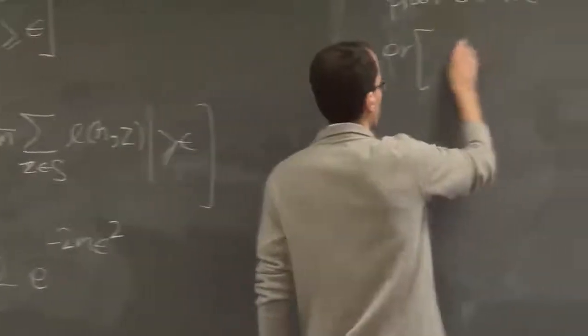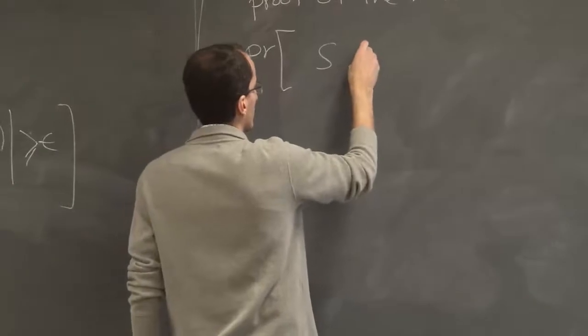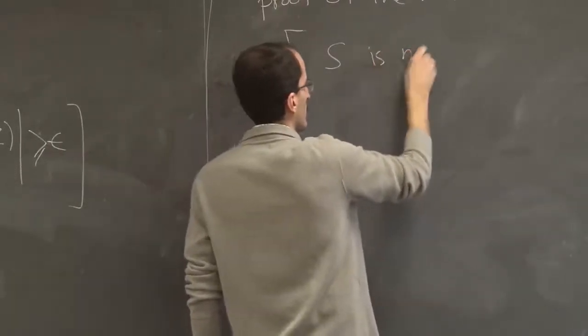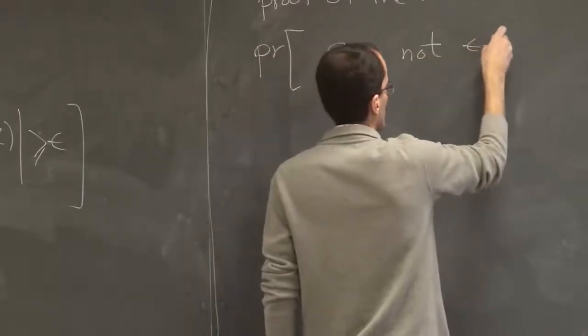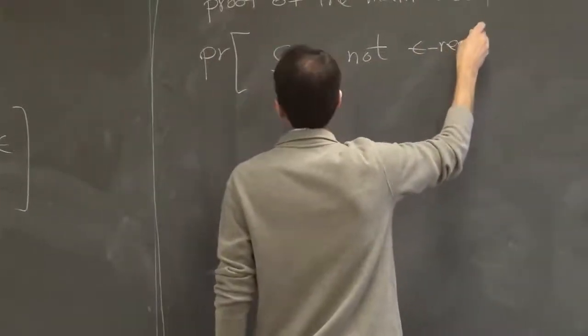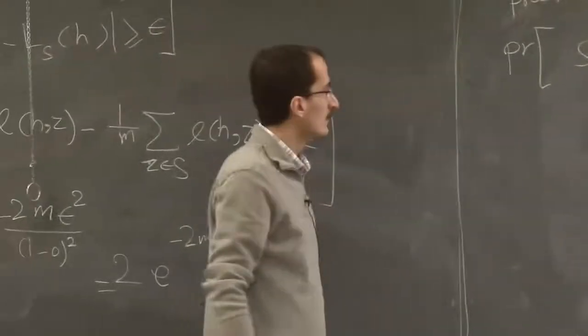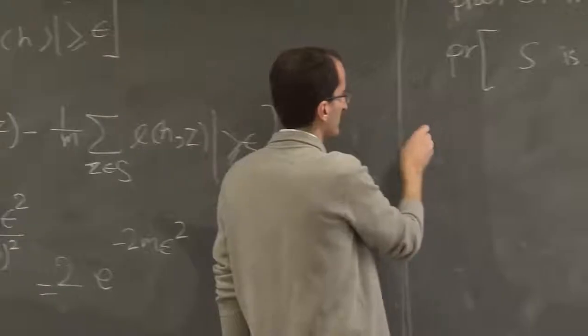So the probability that S is not epsilon representative, we can rewrite it like this.